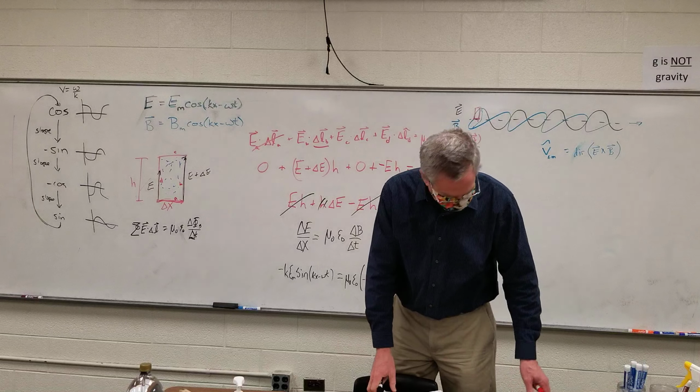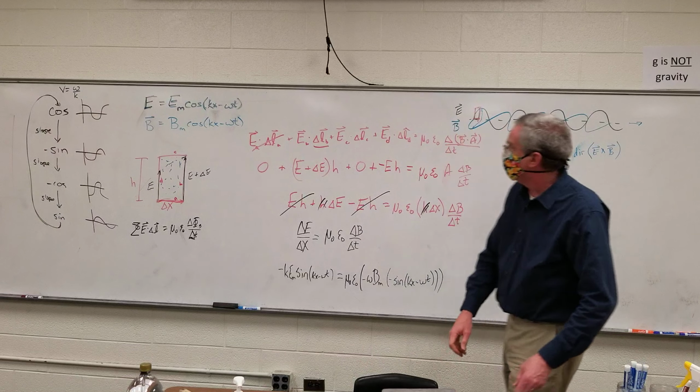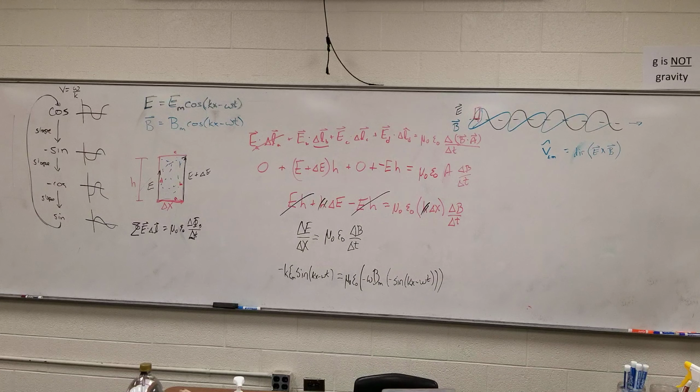All right, let's figure out what I did with the minus sign. Magnetic field's coming out, so that's A delta B, change in B or change in time.